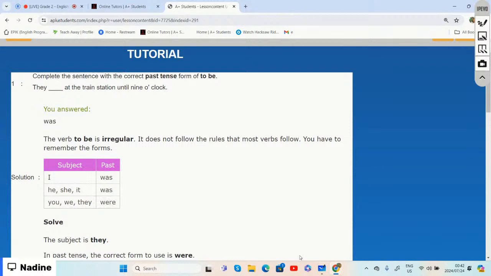And now also when we use our past tense, we have our subject that is doing something, and we have our past tense, which is the verb.